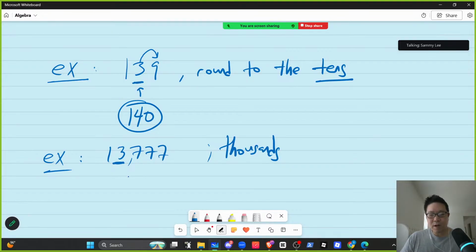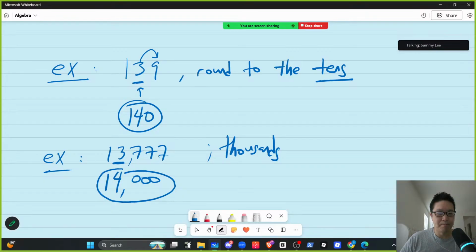Up. We round up because the rule is anytime the number to the right is 5 or larger, we round up. The 1 stays the same, and we round 3 up by 1, so the 3 turns into a 4. All the numbers to the right of it turn into 0. So 13,777 would get rounded up to 14,000.